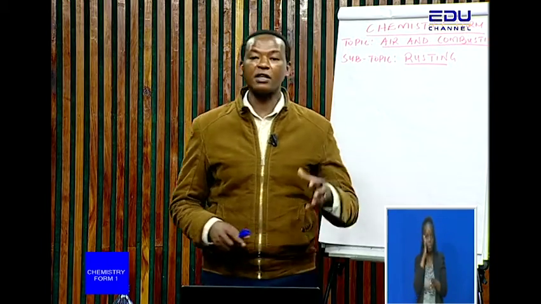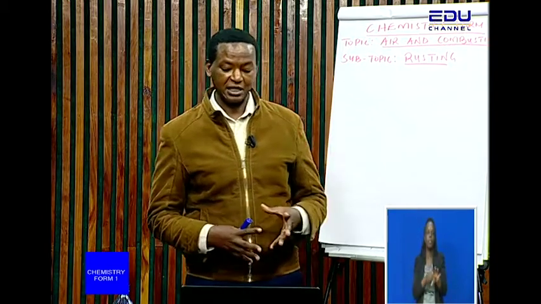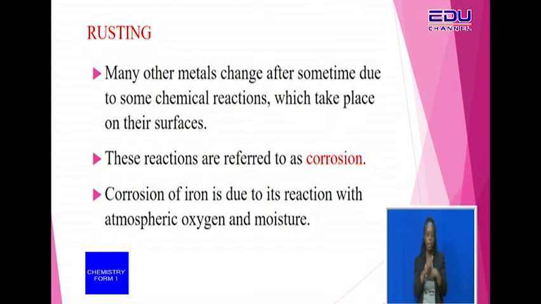Many metals change their colors after some time due to chemical reactions. There are chemical reactions which occur on the surface of the metal, and these reactions make the metal change color. We refer to these reactions as corrosion.